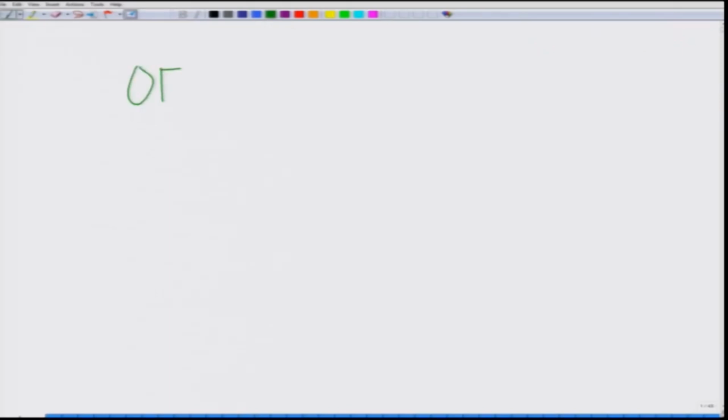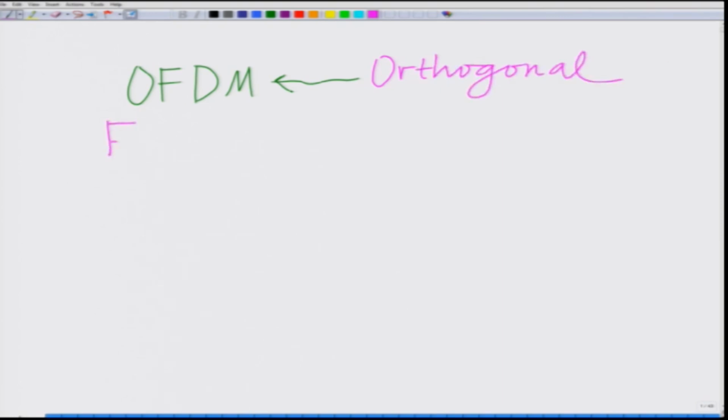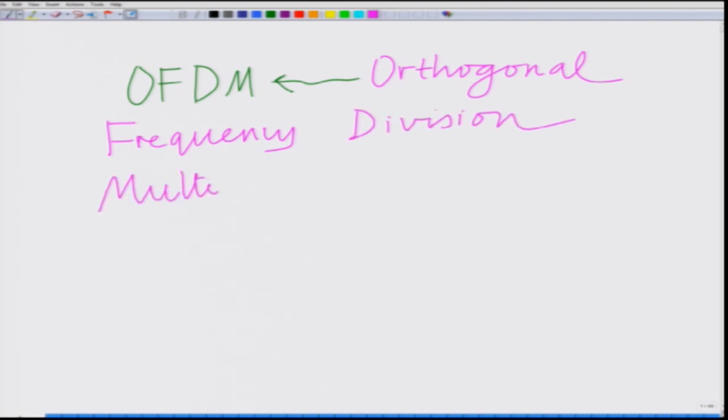Alright. So we are going to continue looking at OFDM channel estimation, where remember again OFDM, all of you should be familiar by now, stands for orthogonal frequency division multiplexing.